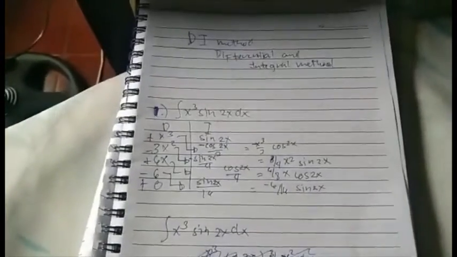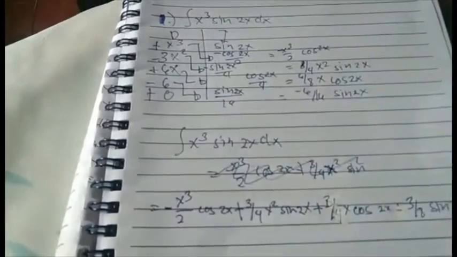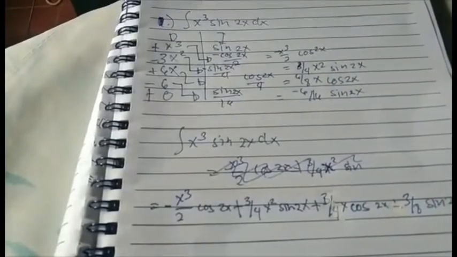And that is it, how to do the DI method. Getting the derivative and integral of this part by doing this table, right? And thank you.